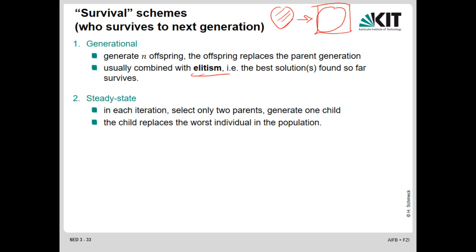And then there's steady state, where you don't generate as many children as you had in your old population, but you select only 2 parents, generate 1 child, or sometimes you generate 2 children, as I had in the example with the crossover, and this child, or these children, replace the worst individual in the population. Then, since you replace the worst, you will have this elitism effect.